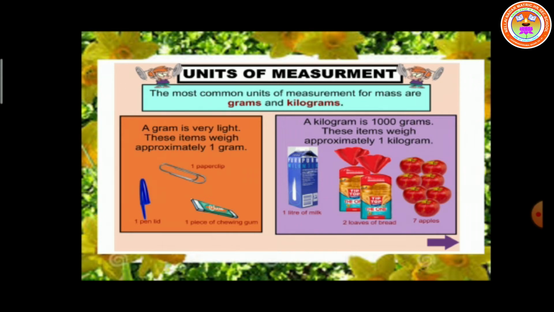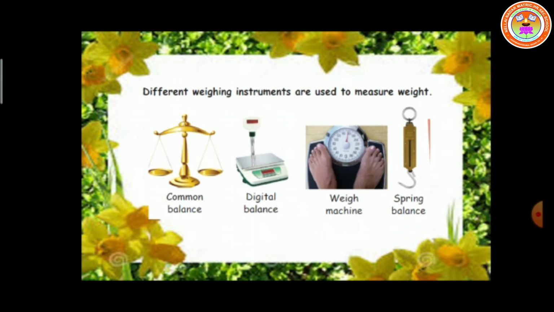In this slide, we have seen the common standard units of measurement for mass are grams and kilograms. Gram is used to measure lighter objects. Kilogram is used to measure heavier objects. Is it clear? Next, different weighing instruments are used to measure weight. What are the instruments? Common balance, digital balance, weight machine, spring balance, etc.